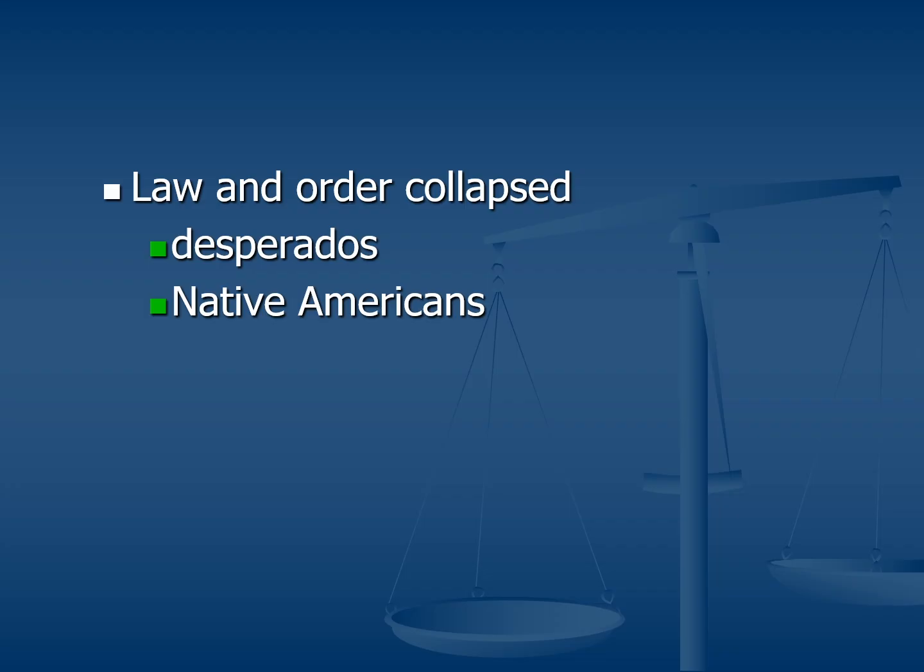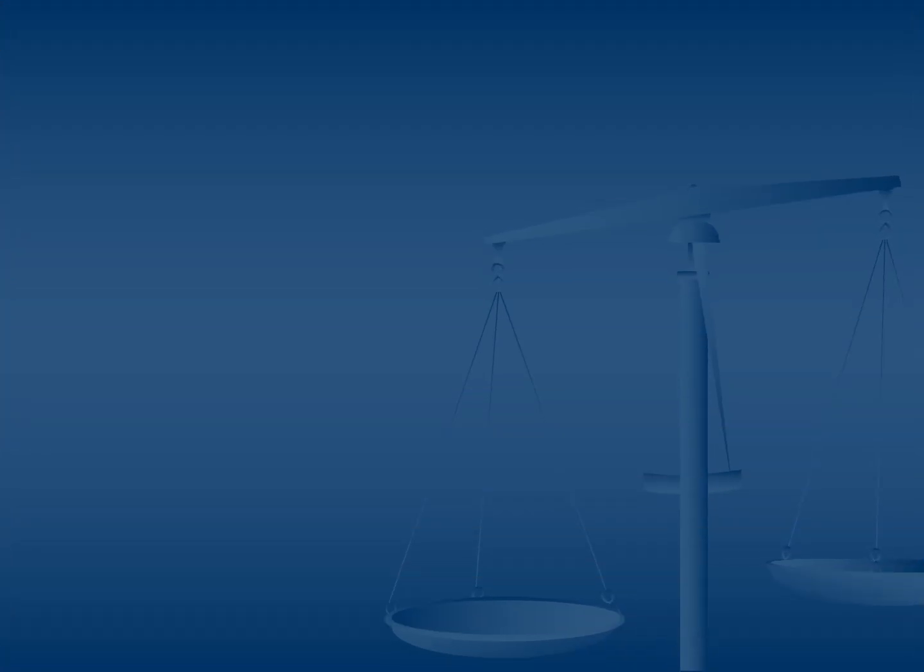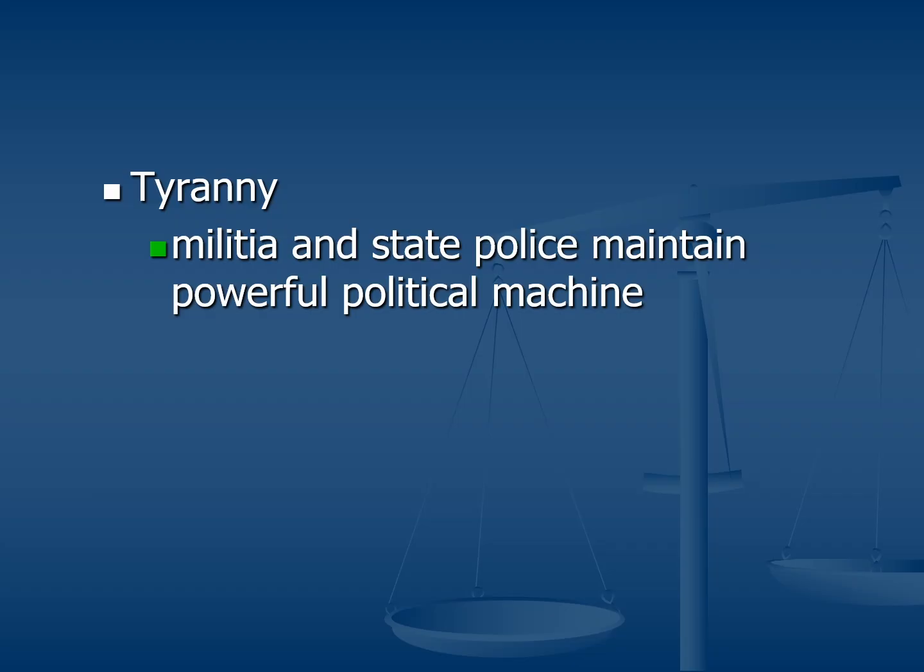And anytime there's any kind of civil unrest like that, somebody needs to step in and say, okay, we need to establish some order here. The one that usually does that is the military, and that was the same thing that happened in this case. The state militia came in, the state police came in to maintain law and order. But what happened is that they became a very powerful political machine.